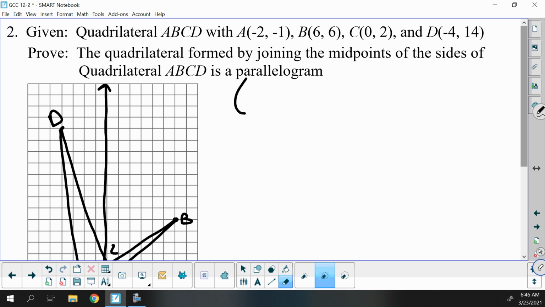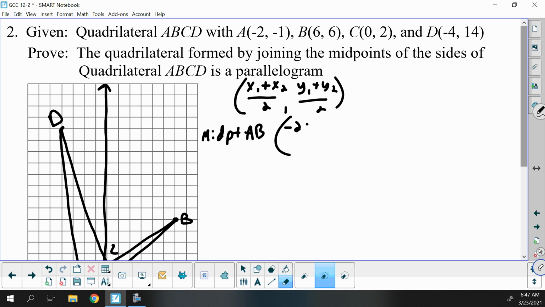So let's find the midpoint of each of these. We can start by writing our midpoint formula: x1 plus x2 over 2, comma y1 plus y2 over 2. We'll start with the midpoint of AB.